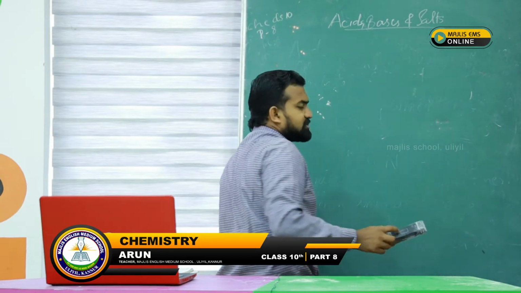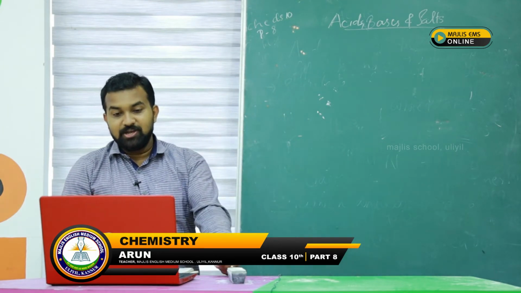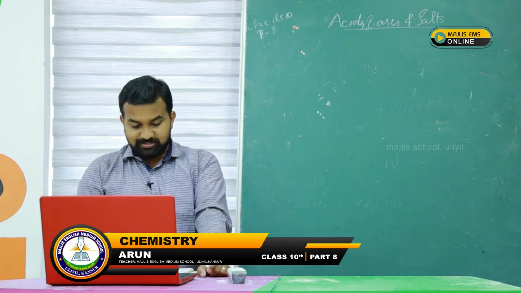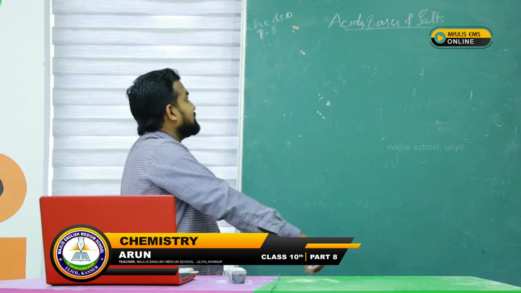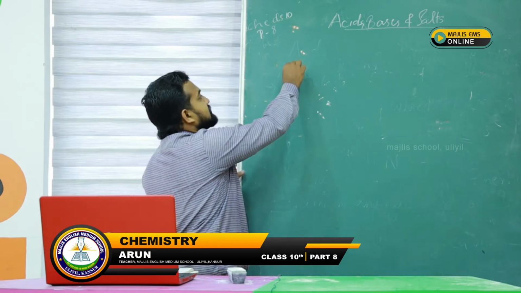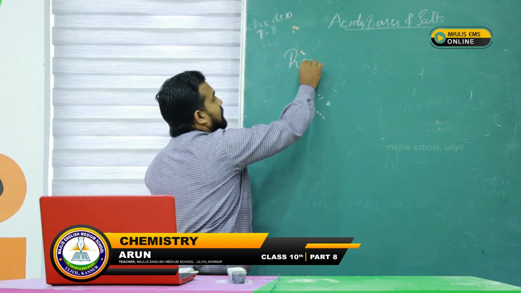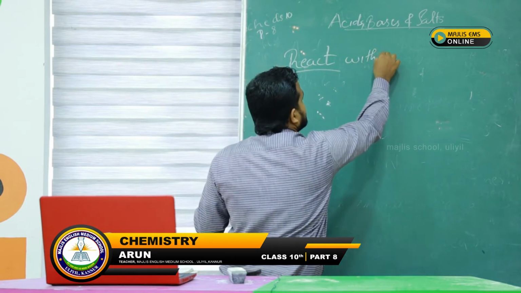Now, what we have to study is the reactions or the chemical properties of acids and bases. Okay, what are the chemical properties of acids and bases? First of all, acids and bases react with metals.